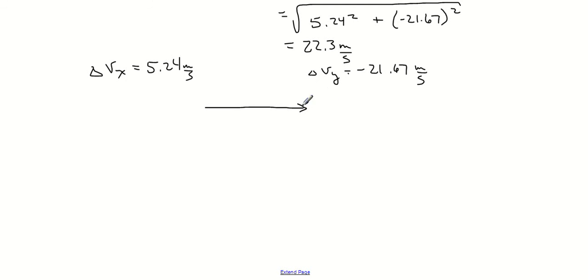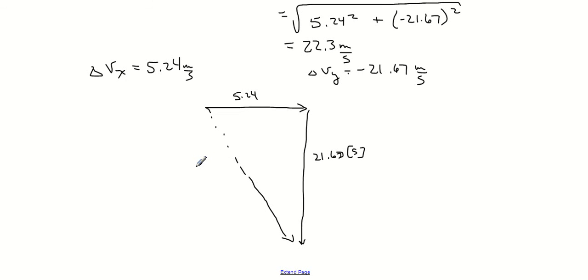But let's draw these components together. So we have a positive 5.24, which means it's easterly, and we have a negative 21.67 component, which means that it's southerly. And this is 21.67 south, which means that we can now show that our delta V here is 22.3 meters per second, and we need to find theta.